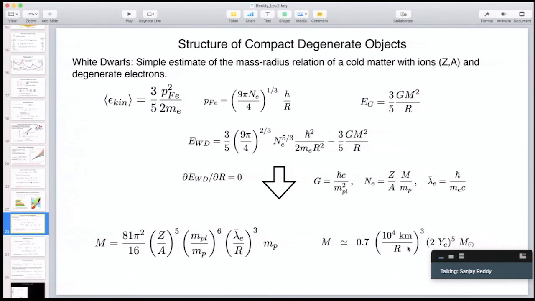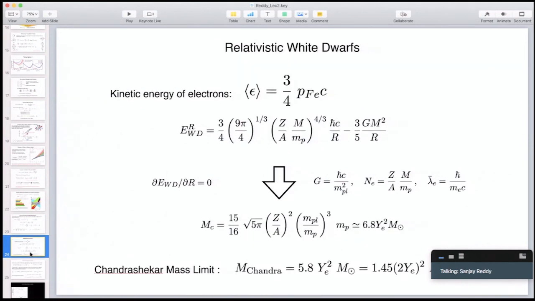It allows us to find the relationship between the mass and radius of a non-relativistic white dwarf. If you do a realistic calculation, you will find slightly different numbers, but you will find the same dependence between mass and radius. An important aspect of compact objects is that as the radius of the object increases, the mass decreases as 1 over r cubed.